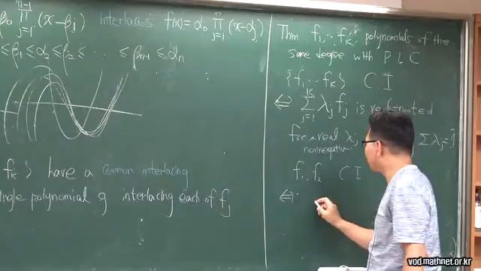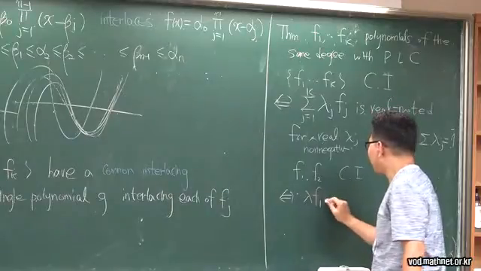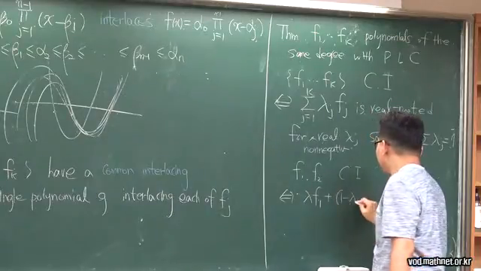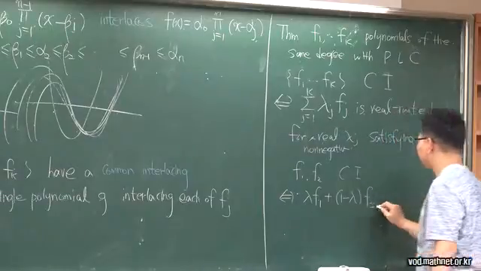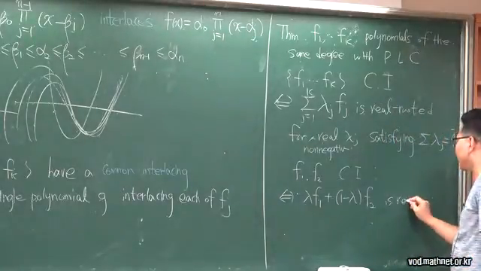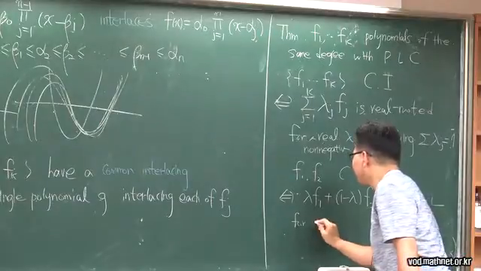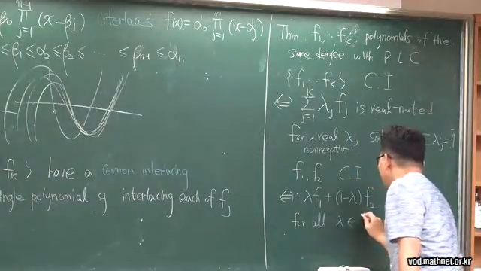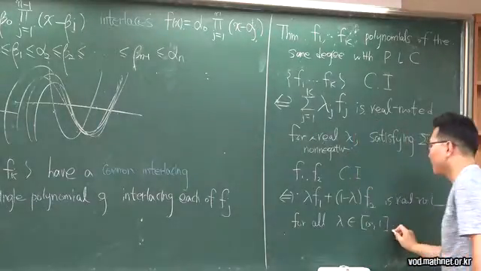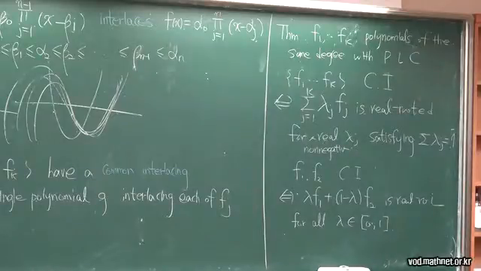We just want to show that lambda f1 plus 1 minus lambda f2 is real rooted for all lambda in here. And real rooted means that every root is real, and also the coefficients are real.